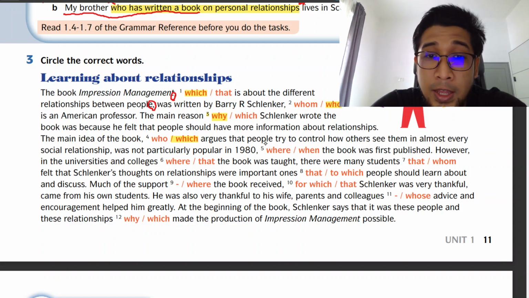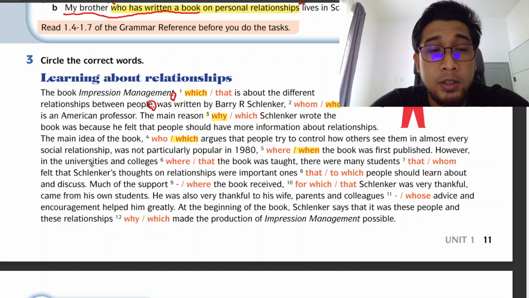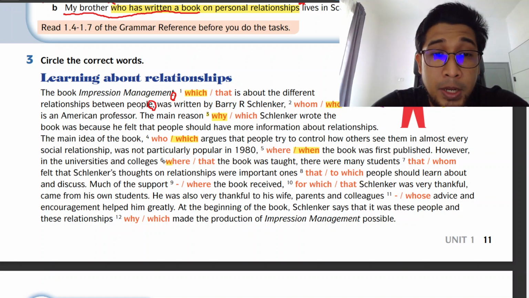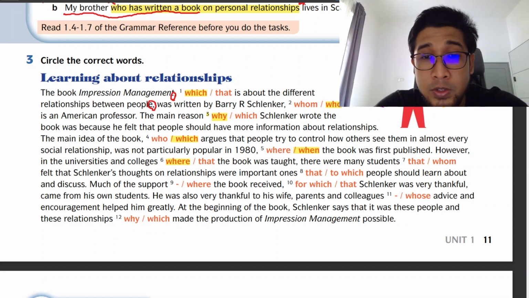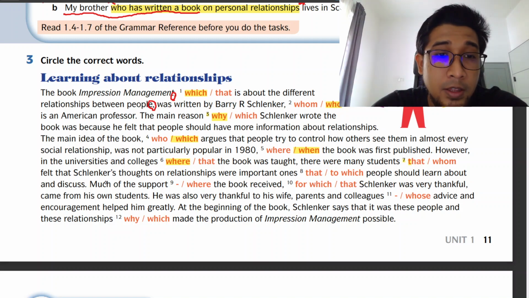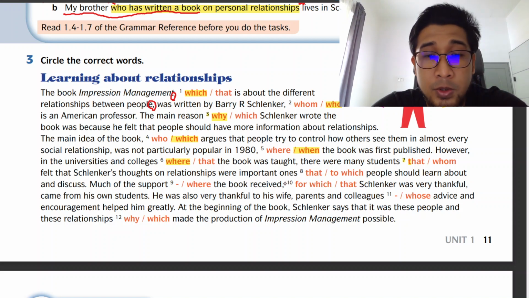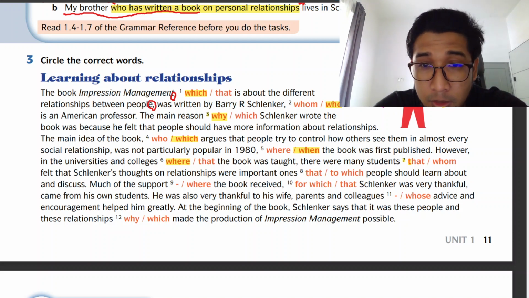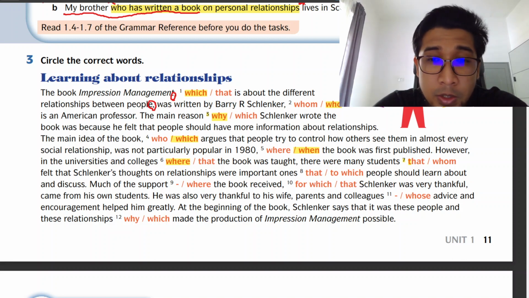This is time, so when the book was first published. However, namun, in the universities and colleges, place where the book was taught, there were many students that felt that Schlenker's thoughts on relationships were important ones that people should learn about and discuss.